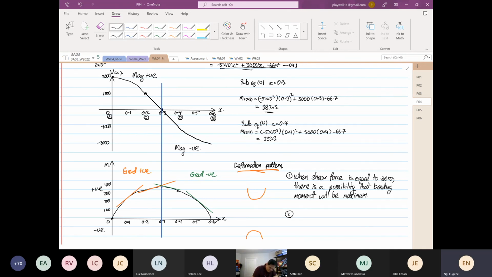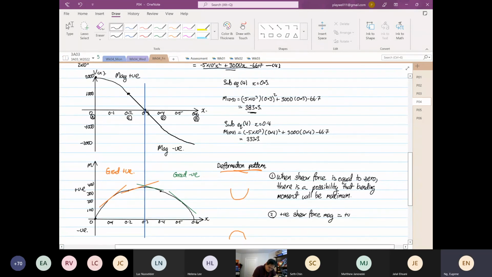So positive shear force magnitude will be equivalent to positive bending moment gradient.